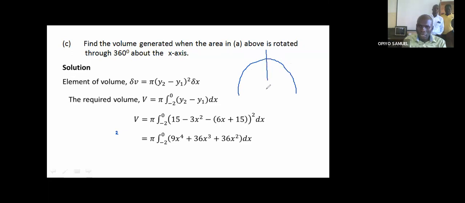So say this is the y-axis, the x-axis like this. Now we have the chord being this, and the area being rotated is this one I'm shading.